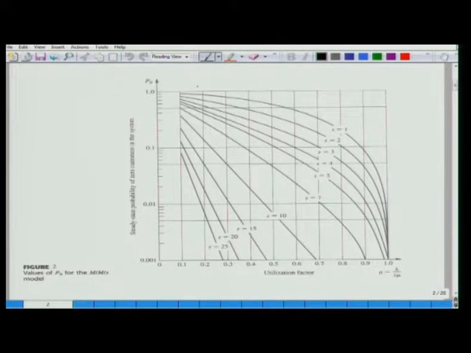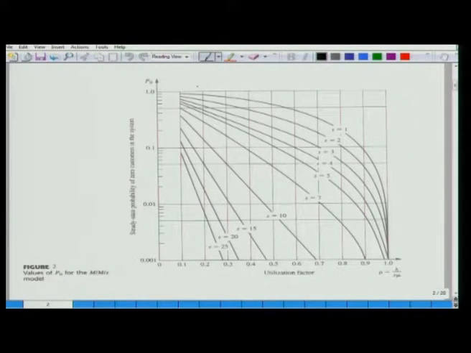But the other important contribution of this graph is that, remember, the expression for the steady state probability when you had more than one server was a lengthy one. So, now you can actually plot for different values. If I know my utilization factor is, say, 0.7, and I want to find out what the corresponding value of P naught will be.